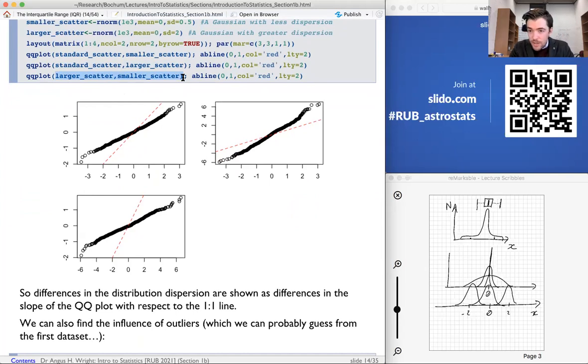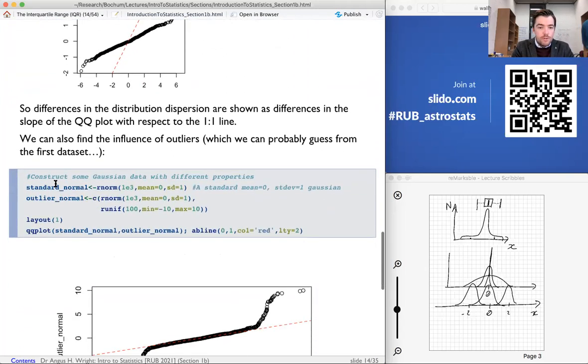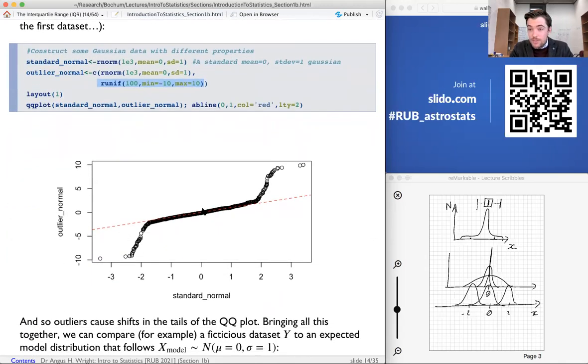And the last thing that we can look at is what happens if we have outliers. So we can construct a normal distribution with data, which is just a Gaussian, and then we can construct the same Gaussian, but we can add in 100 random outliers. And we plot the QQ plot of this distribution, and we see this happens.